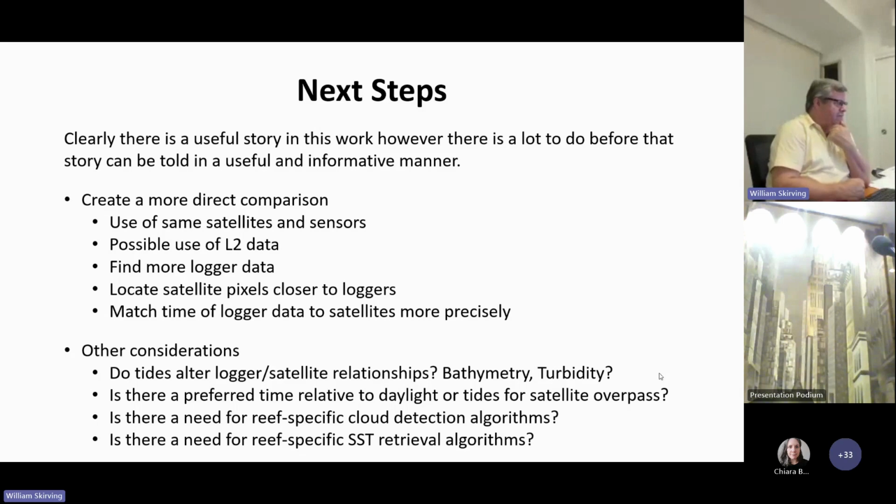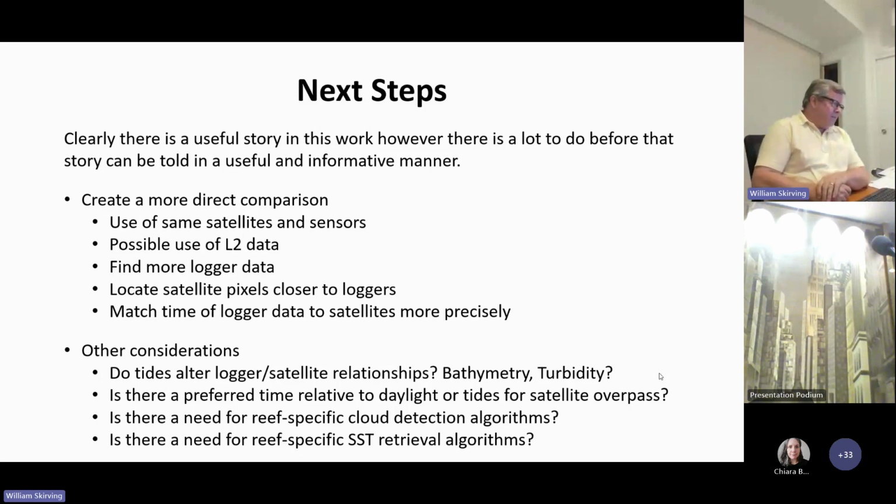We obviously need to locate our satellite pixels close to the loggers, and this is something I didn't point out. For the daytime and nighttime logger data, we just took 6 a.m. and 6 p.m. as our cutoff to distinguish local night and local day, and average them. What we should do is narrow that down to better match the actual satellite overpasses, and that might change the story a little bit.